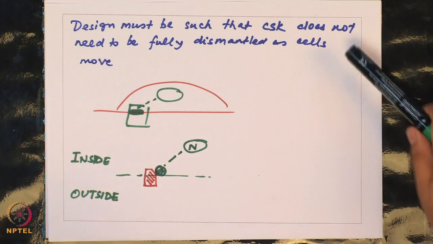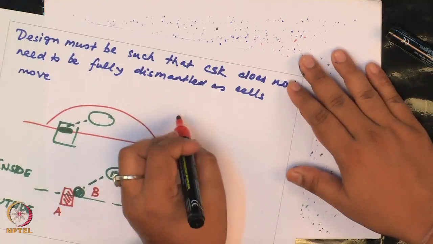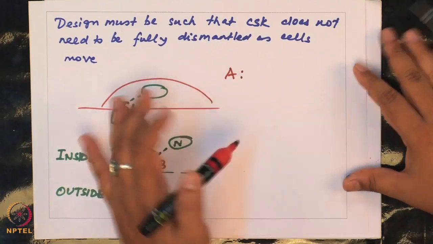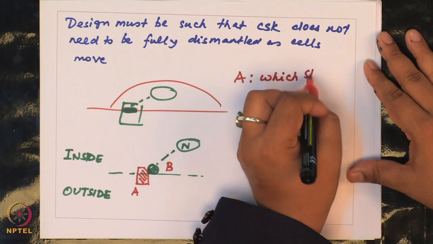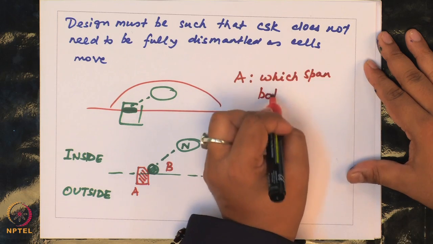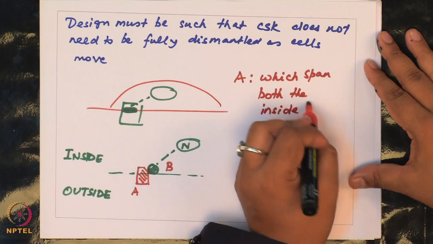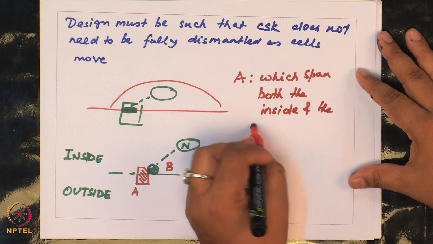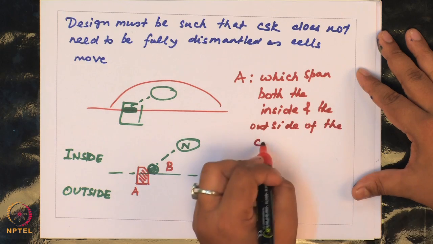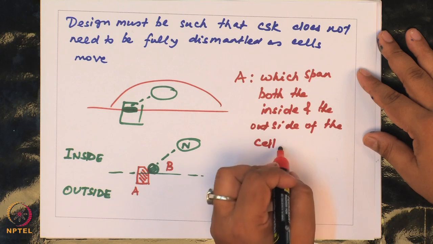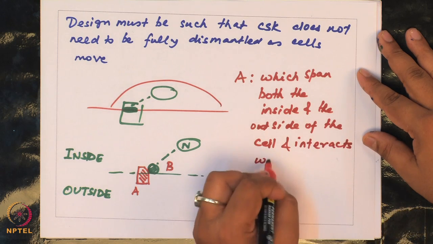Okay. So, you have two entities, entity A, which spans both the inside and the outside of the cell, and interacts with the ECM.